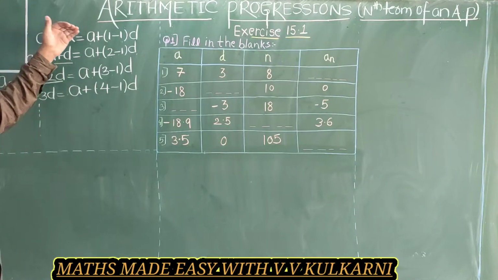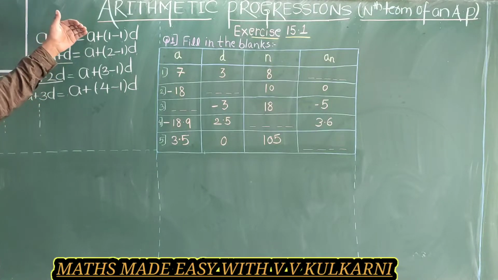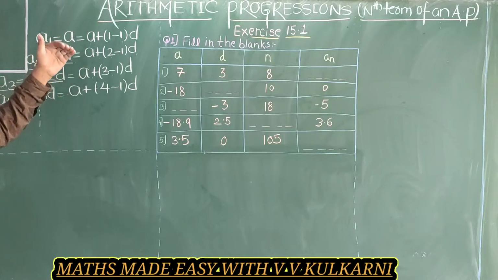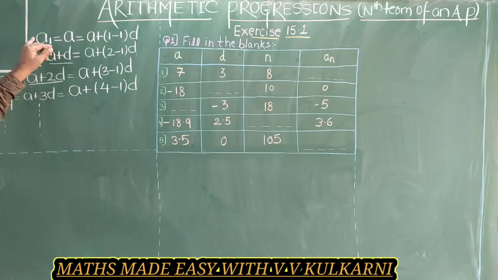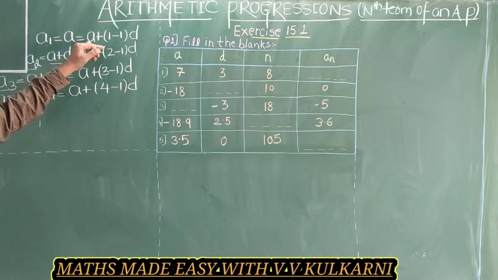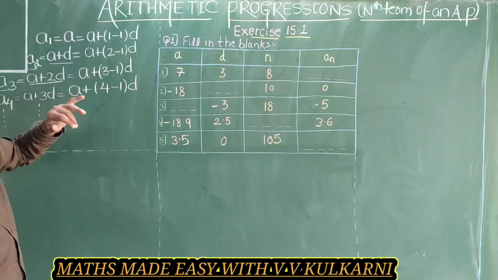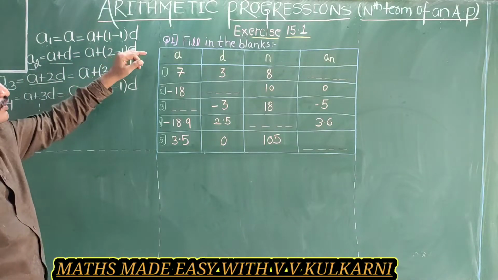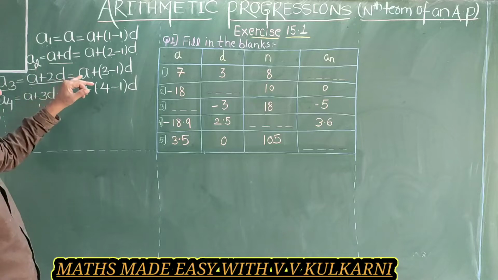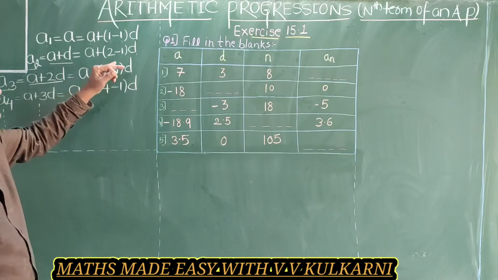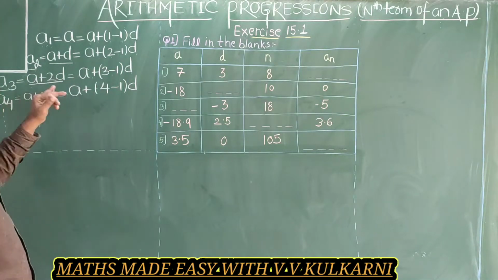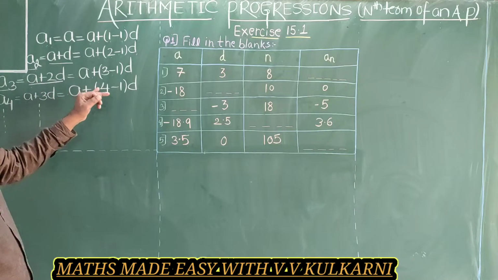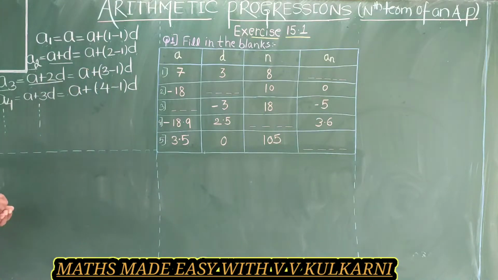If you see the pattern, you will understand that there is a definite pattern that sir is following. If the first term is there, sir is writing A plus 1 minus 1 into D. If the second term, A plus 2 minus 1 into D. If the third term, A plus 3 minus 1 into D. If the fourth term, A plus 4 minus 1 into D.